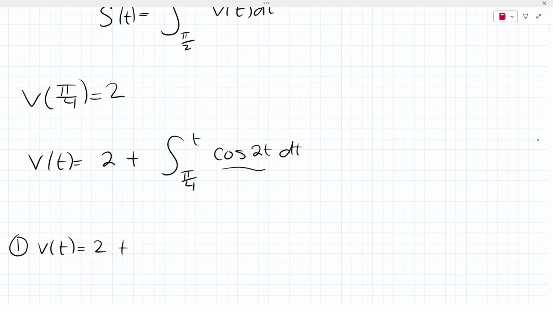Well, the integration of cosine is sine of 2t, and then you bring down this 1/2, right? And it's from pi over 4 to t.